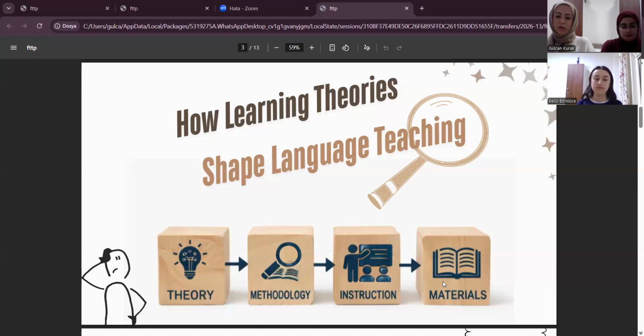And we can also provide them some materials like research articles or videos, and this is a part of this chain. So if we understand the theory behind our teaching, we can make more effective and meaningful decisions in the classroom.